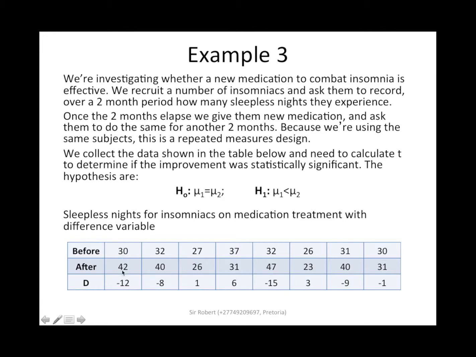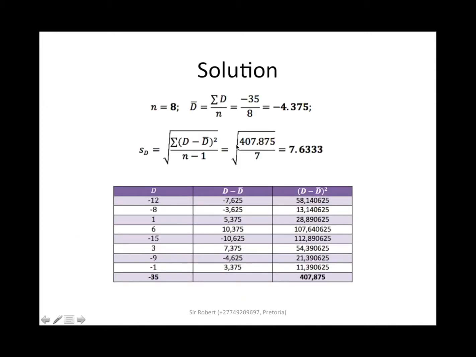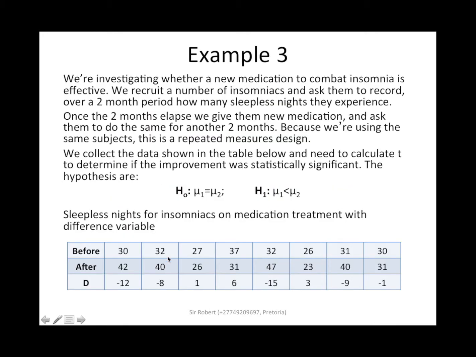So the difference, say 30 minus 42 is minus 12. 32 minus 40 is minus 8. So you continue. This is the formula. When you say the difference, we take the mean of the difference.